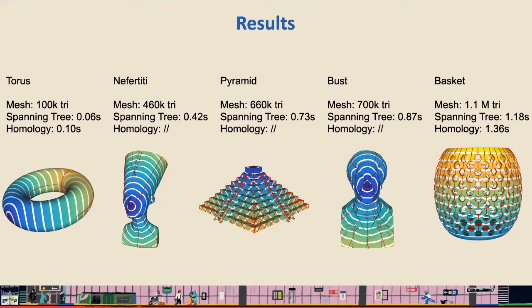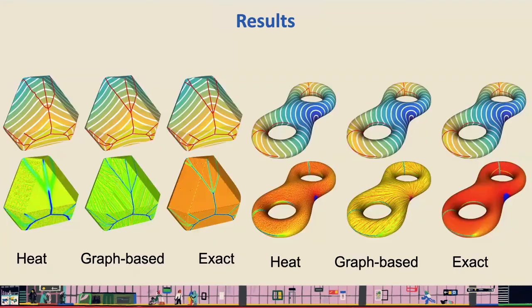In the case of surfaces with genus greater than 0, we further note that although comparable, the time needed to compute the homology is always greater than the one needed to compute the spanning tree. This, of course, makes a lot of sense since, as we have seen before, to recover the homology, we need to expand an existing spanning tree and then build another one from scratch.